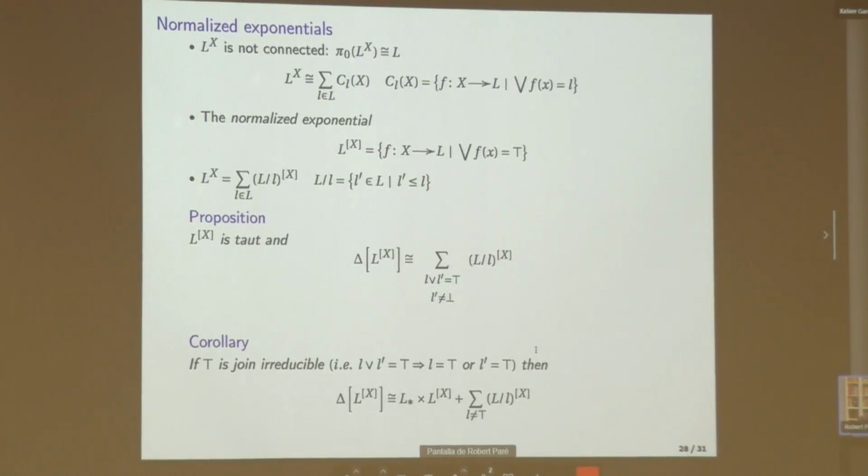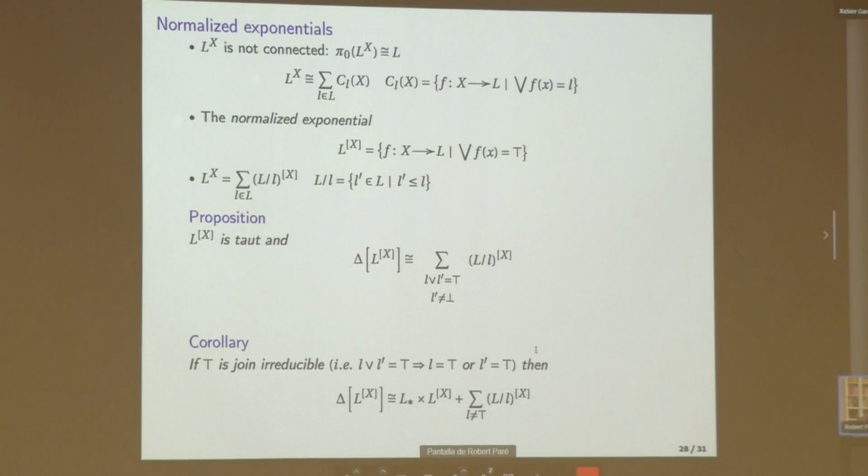And if L is join irreducible, for example, which is a concept from lattice theory, meaning that you can't write L as the join of two smaller elements, then delta of L to the brackets x is isomorphic to L star cross L to the brackets x, plus the sum of these slice lattices over all slices except for the top one.